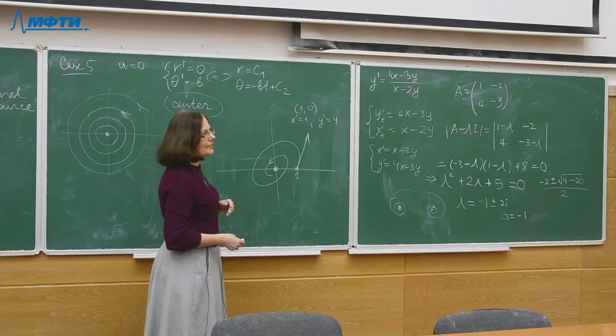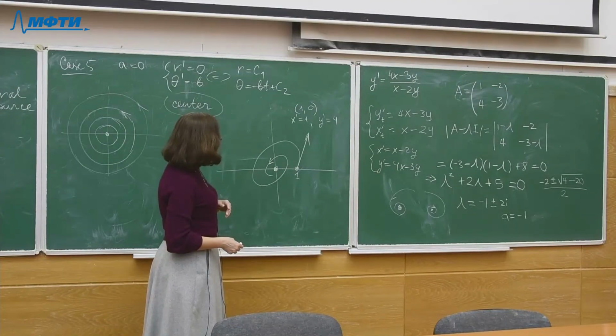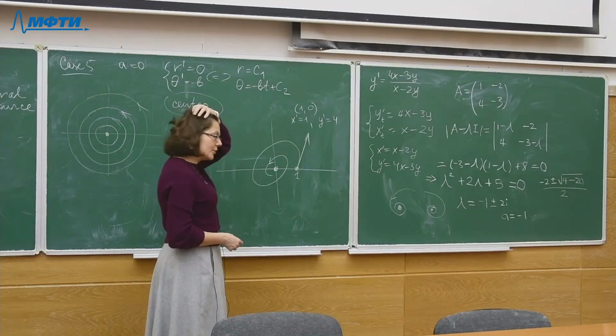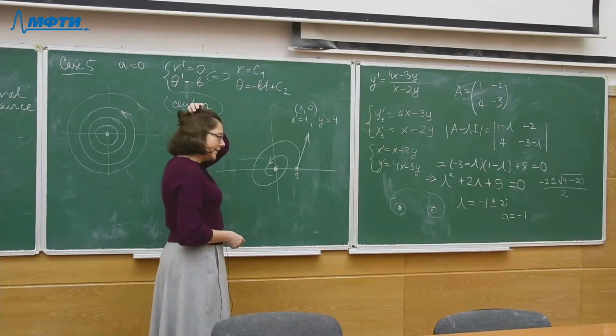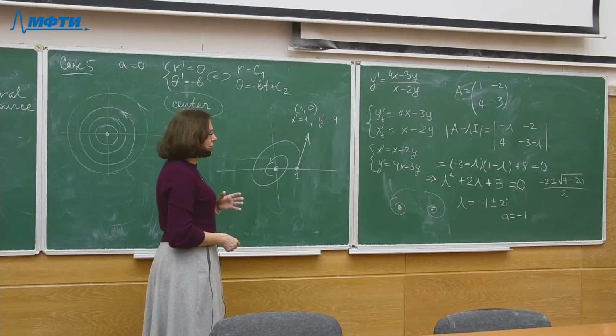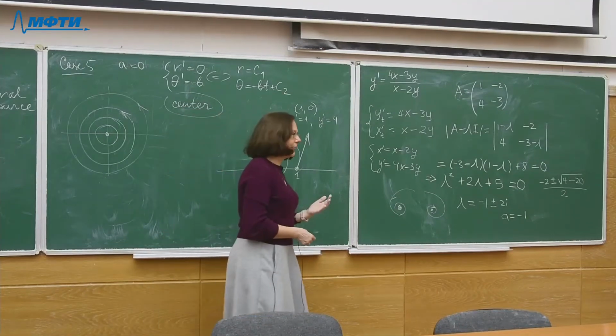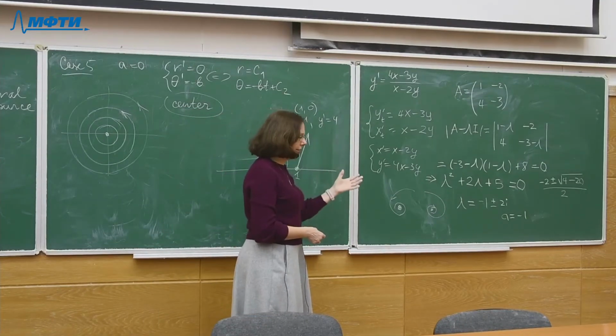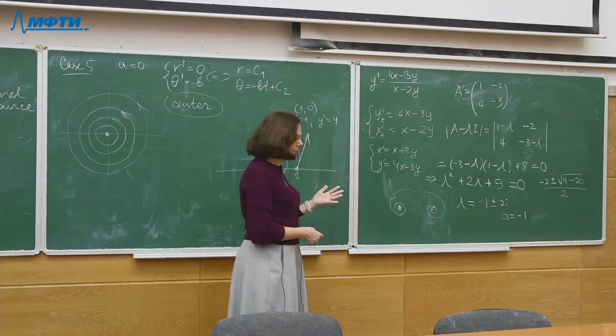In which case will it be a circle? It depends on the linear change of variables. So I think we will not discuss it. It's not an easy problem. We should find this exact change of variables.